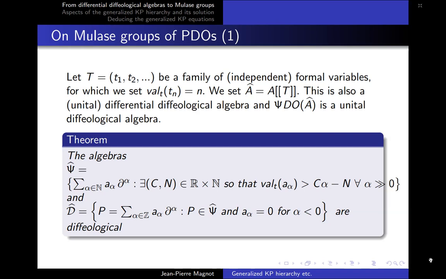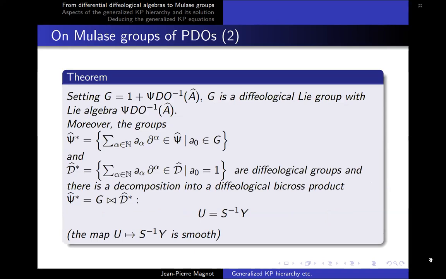What for? The Mulase groups. So I start with a group which is a group of, let's say, bounded operators, even if we are in formal operators, which is 1 plus the integral operators in A hat.